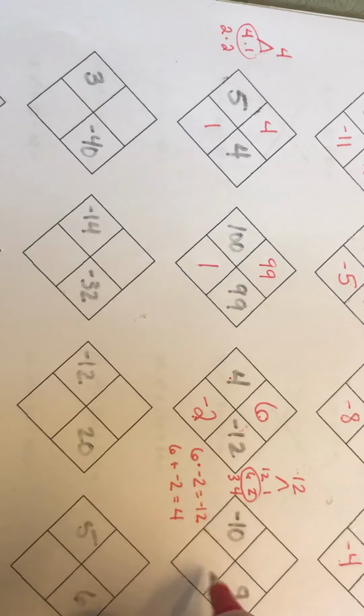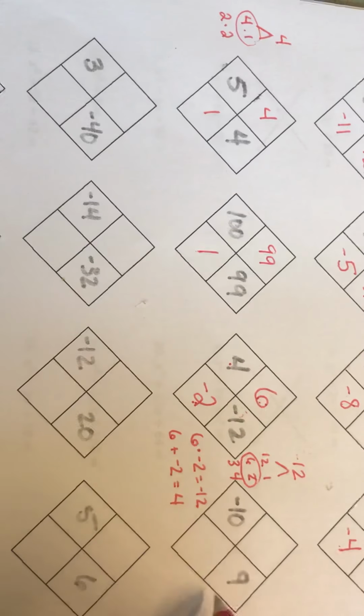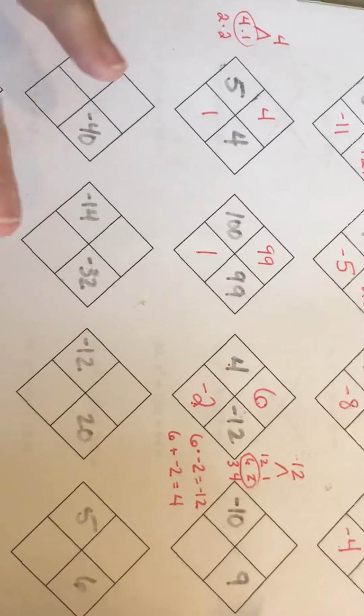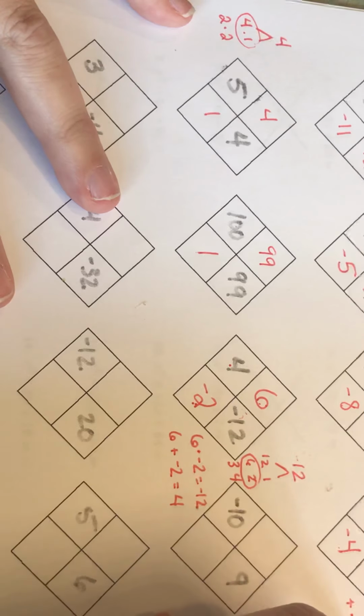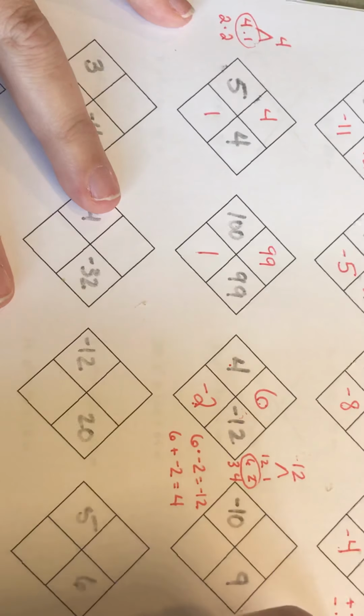Here I have two numbers that are going to multiply to make a positive number and add to make a negative number. Well, if we think about our possibilities, we know that a positive times a positive equals a positive, and also a negative times a negative equals a positive.